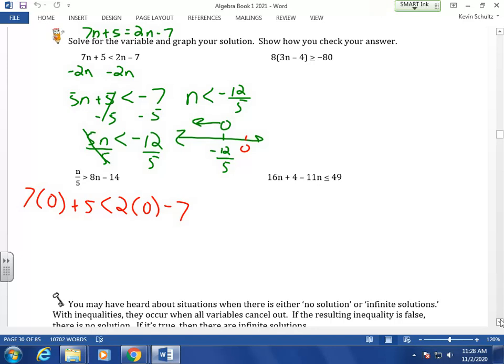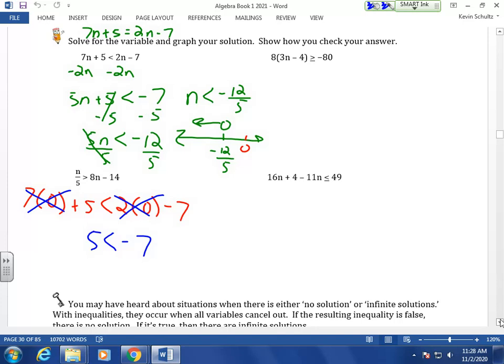So why I personally like 0 is because it makes the math part of this easier. I'm left with 5 is less than negative 7. Is 5 less than negative 7? No. Did I want it to be less than negative 7? No, because I was testing a number outside of my range, so my inequality should not work. And it doesn't, so I'm good.